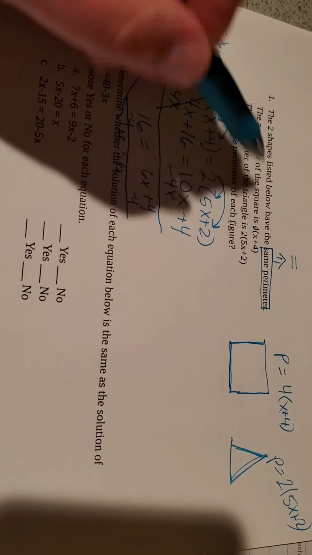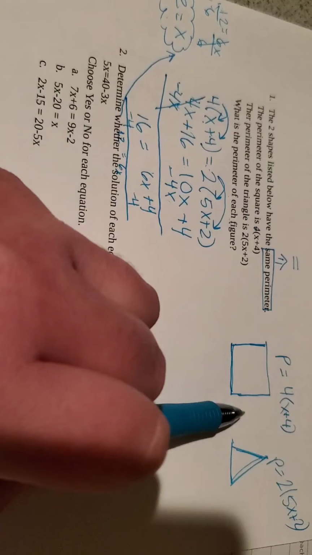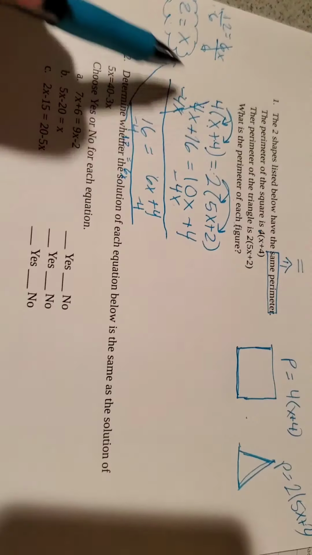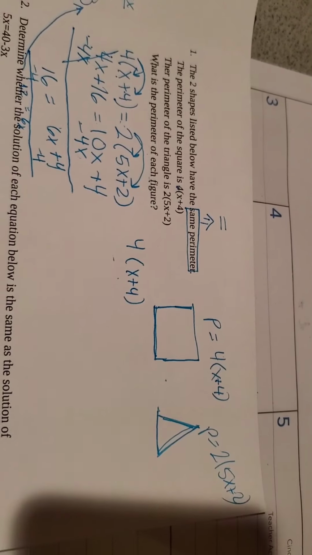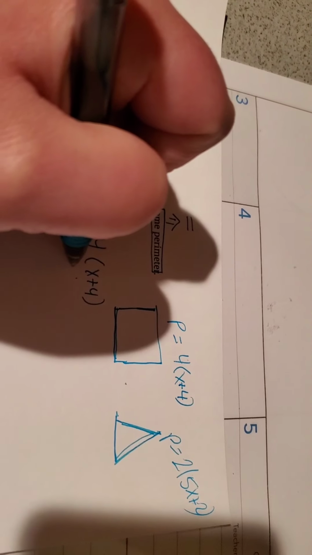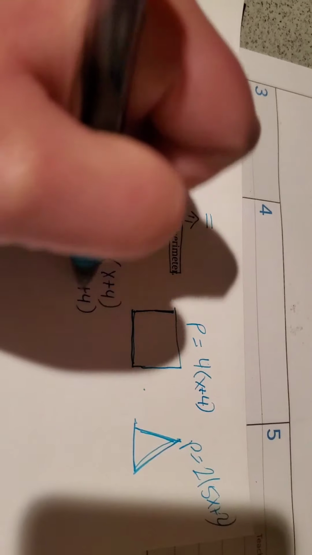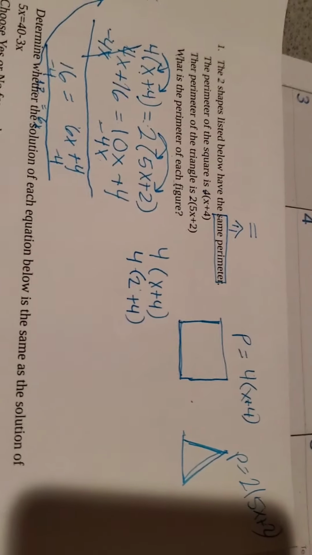In order to figure out the perimeter of the square, I need to take the perimeter of the square and then plug in 2 for x like I did in the previous problem. So I'm going to take my perimeter of my square, 4 times x plus 4, and I'm going to plug in 2 because that's what x is. Okay?